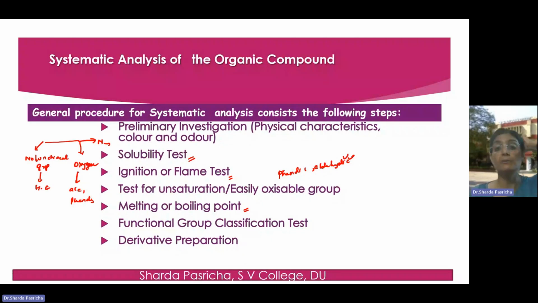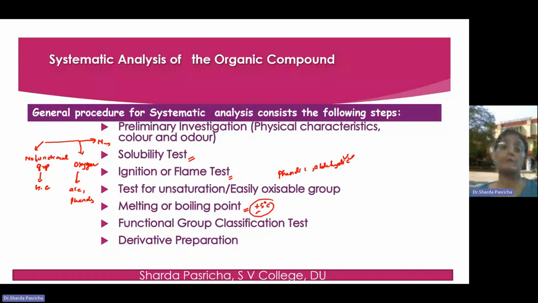Once you have identified the functional group present in the compound, the melting or the boiling point will help you list 5 or more probable compounds in the plus minus 5-degree range of the melting or boiling point.